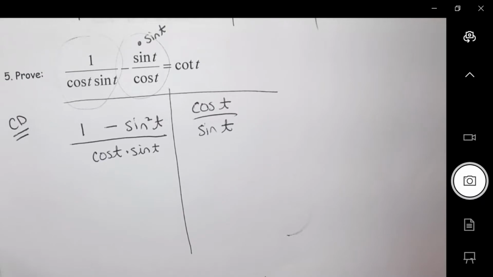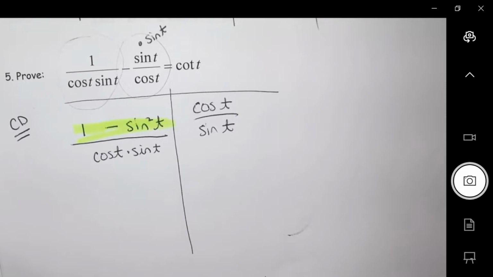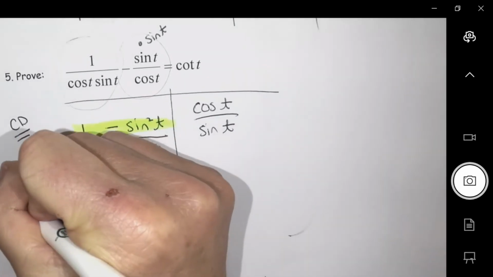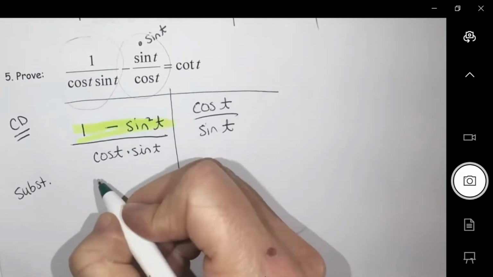Now, what do you see? I see a substitution. Is there something from your formula sheet that you can replace that with? Cos squared.